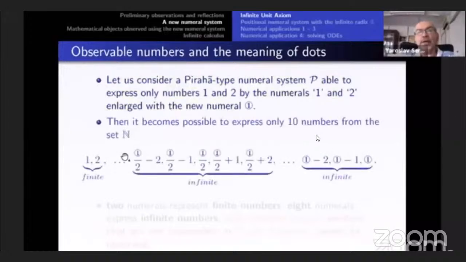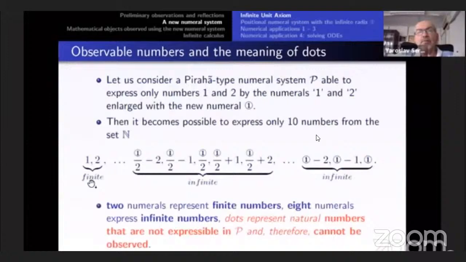So, among natural numbers, we are able to observe only these ones. 1, 2, gross 1 minus 1 minus 2, gross 1 divided 2, plus 1 plus 2, minus 1 minus 2. That's it. And now, dots have a very clear meaning. They represent numbers that are not expressible in this weak numeral system.